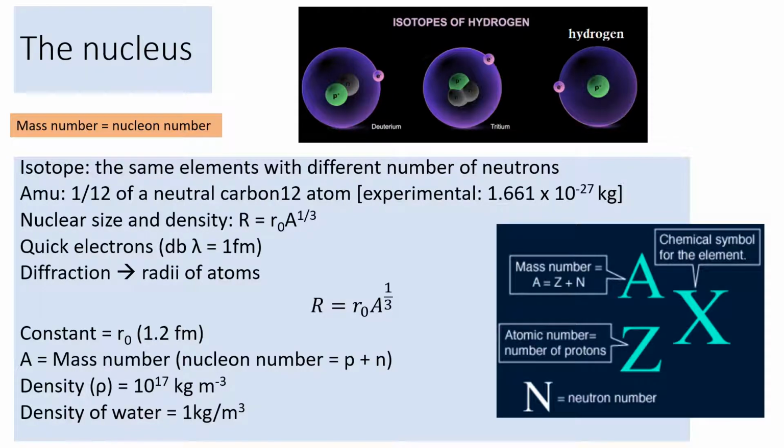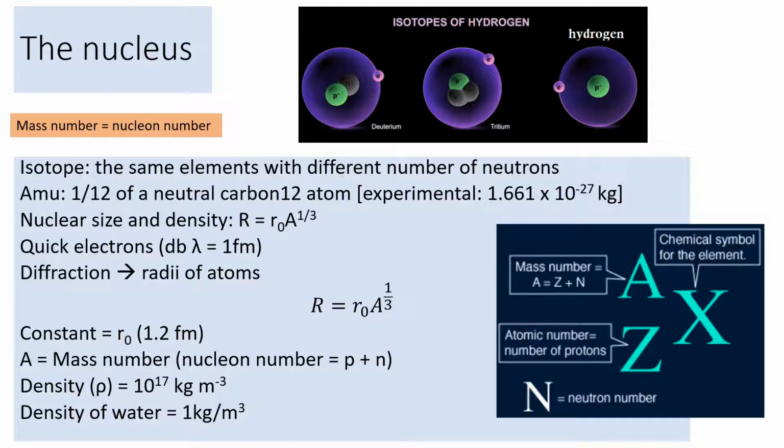Now, the word nucleon describes the subatomic particles in the nucleus. So, for example, a proton is a nucleon and a neutron is a nucleon. The mass number is the total number of protons and neutrons, so we can also call that the nucleon number.